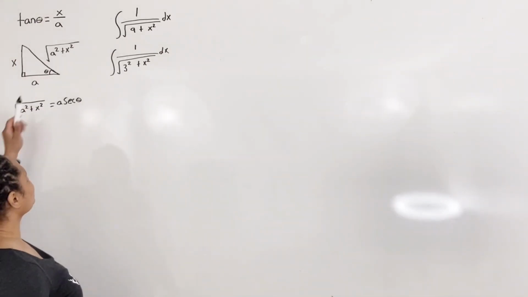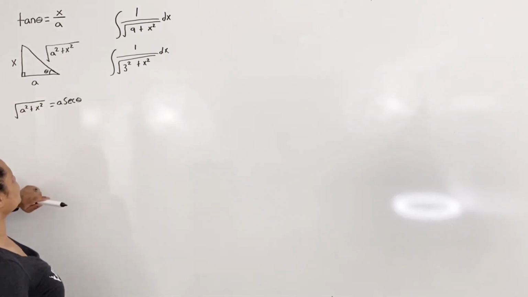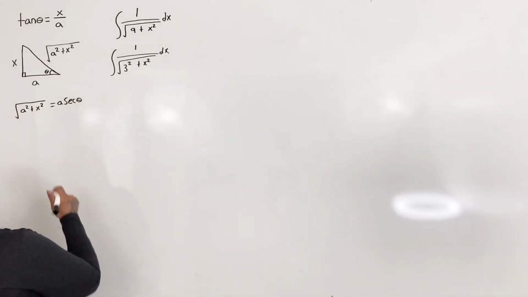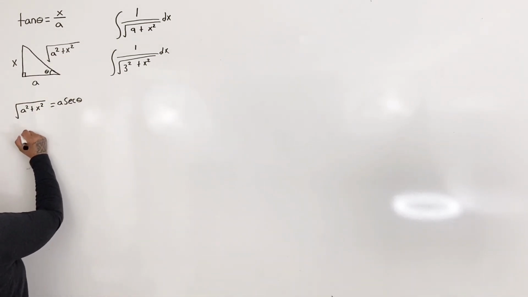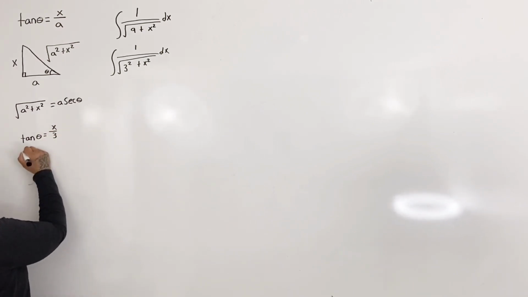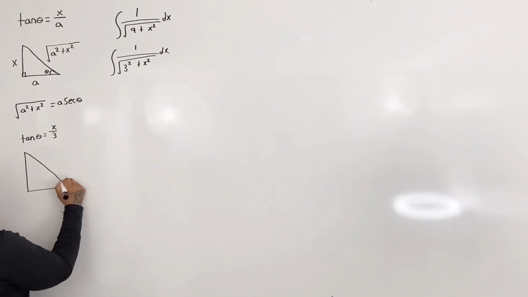So if I were to write the tangent equation and its associated triangle in relation to this problem, it would look like this. So we have tan of theta is equal to x over 3. And when I draw my triangle, it will look like this.